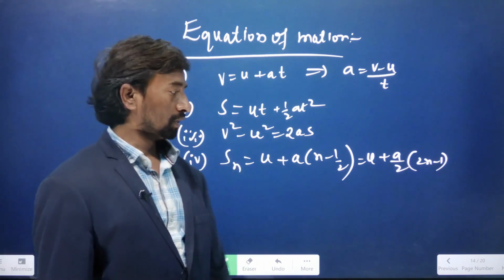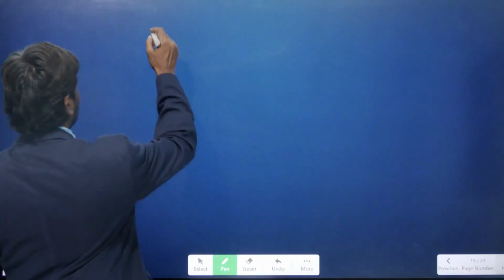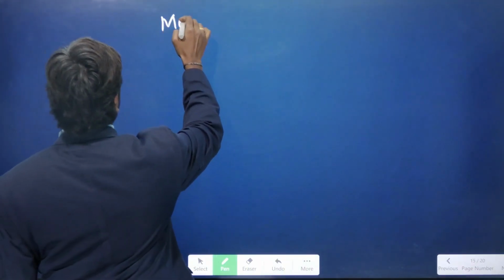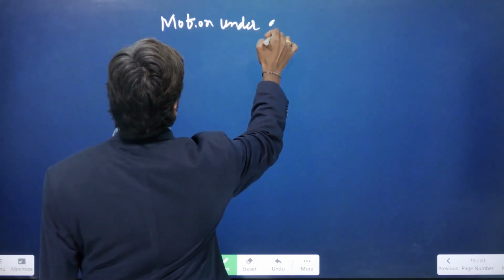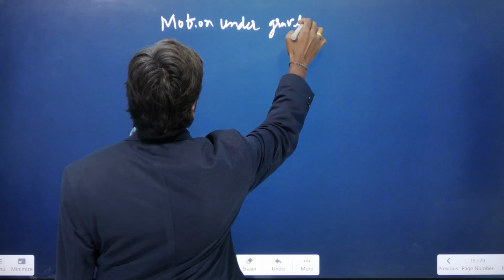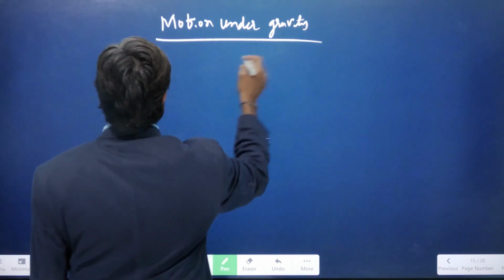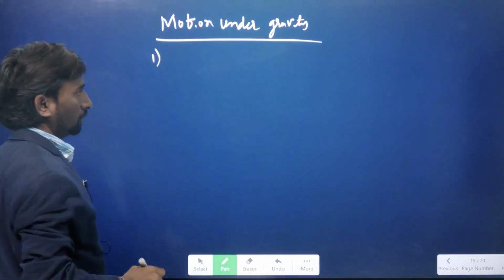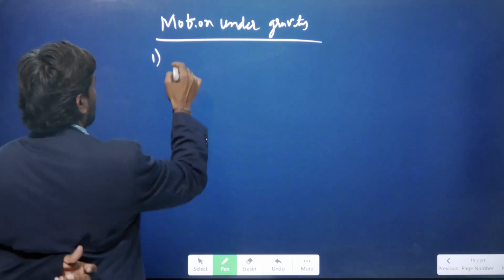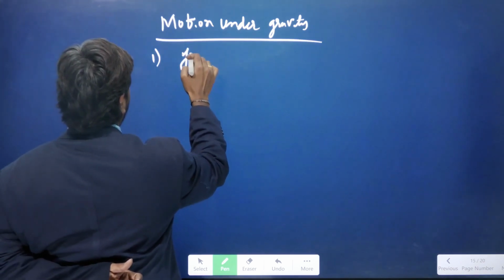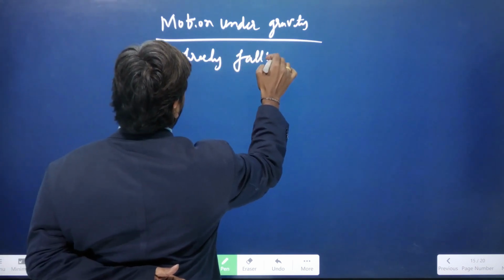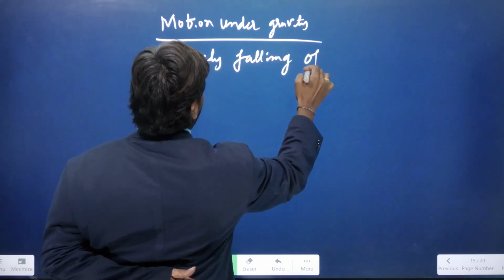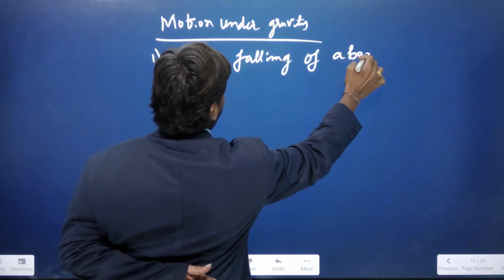Under gravity, how can the motion of an object take place? There are two cases here. Here we are going to discuss motion under gravity in two cases. The first one is free fall, the freely falling of a body.